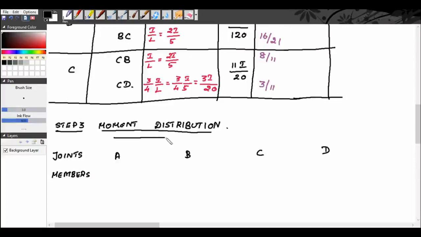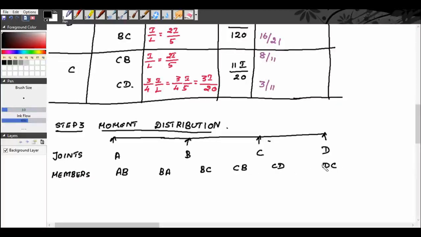For understanding, I will just draw the ABCD span here. Everywhere it is simply supported. At the joint A, we have AB. At the joint B, we have BA and BC. At the joint C, we have CB and CD. And at D, we have DC.